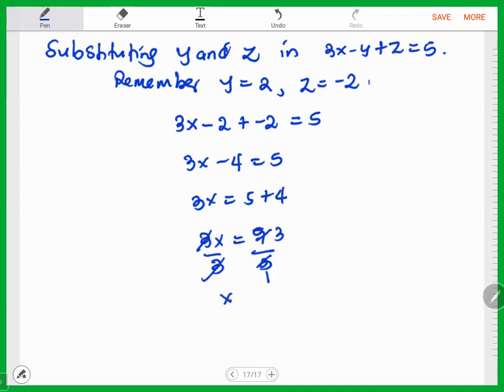Hence, x is equal to 3, y is equal to 2, and z is negative 2. That is how we solve those equations, a system of equations.